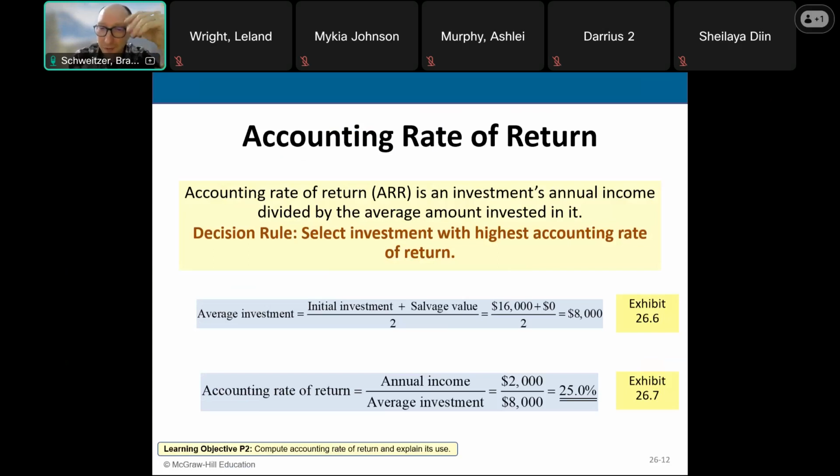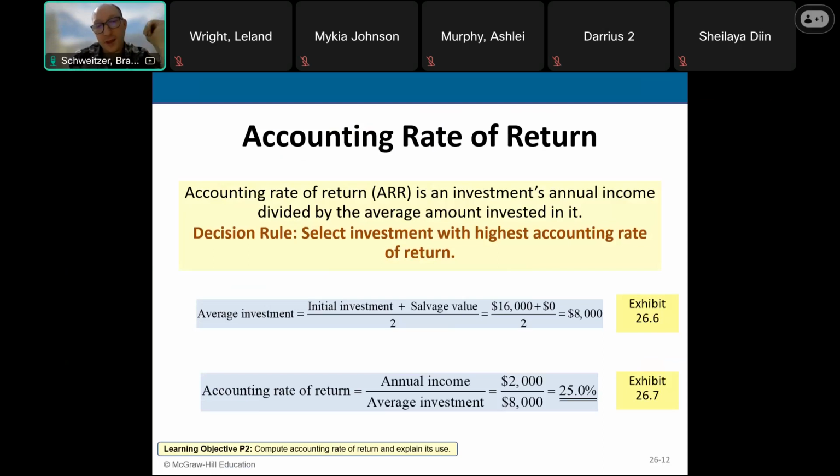This example is 0, divided by 2. Initial investment plus salvage value divided by 2. Beginning balance plus ending balance divided by 2. You see how that works? So we take, in this example, the 16,000 initial investment plus salvage value of 0 divided by 2 gives us 8,000. So 8,000 is our average investment.